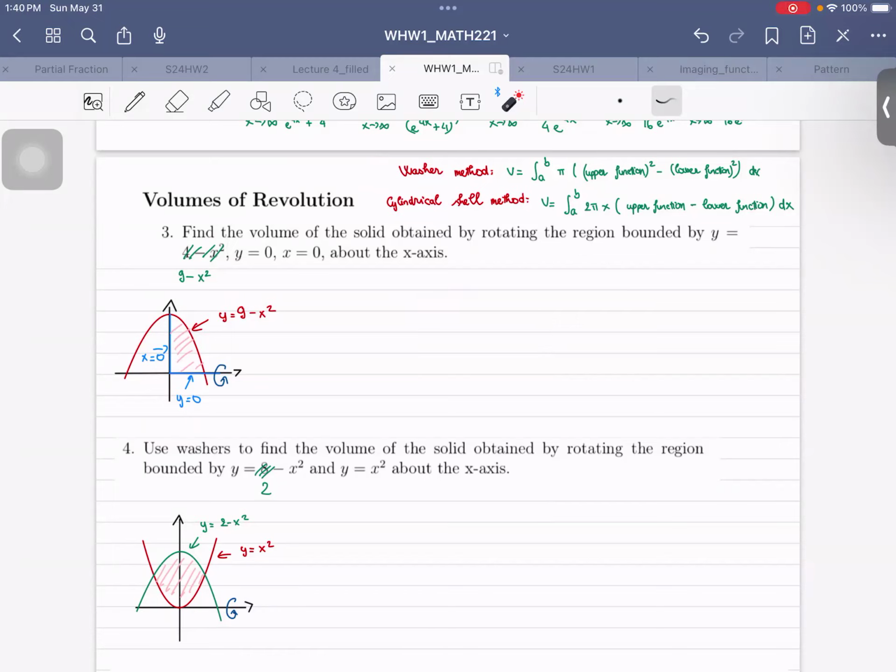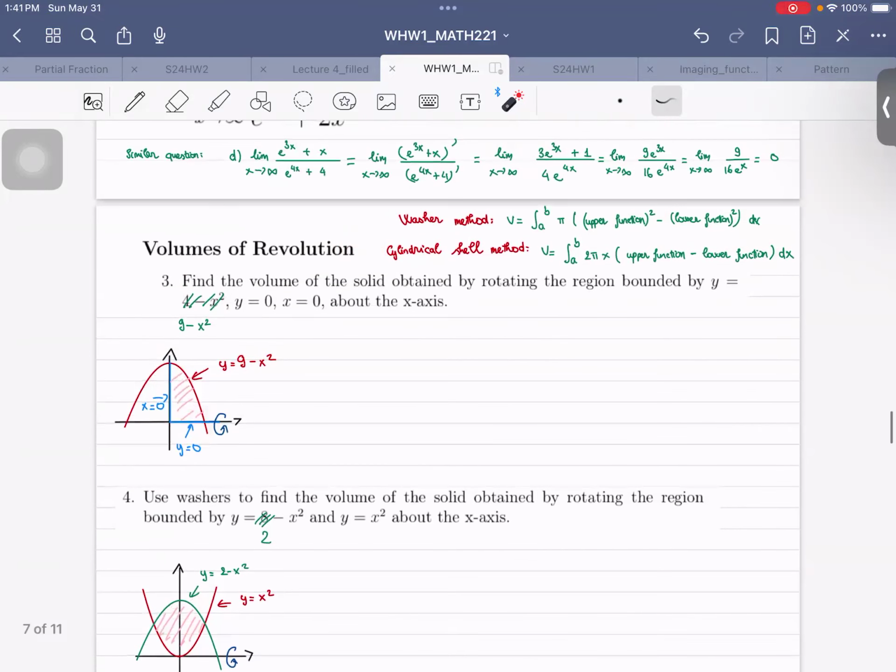But most of the time, I'm sorry, this is the formula for the objects spinning around the x-axis, and this one is for the objects obtained from spinning around the y-axis. This is most of the case.